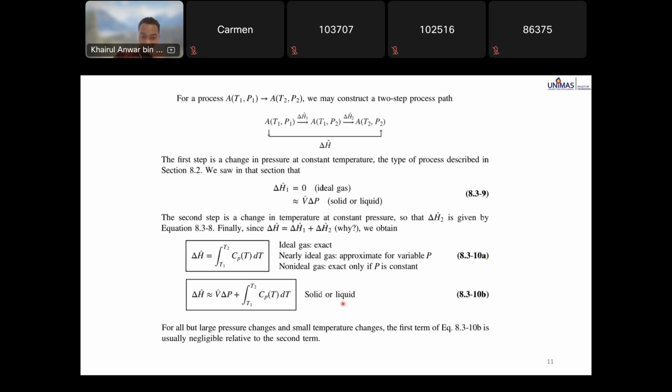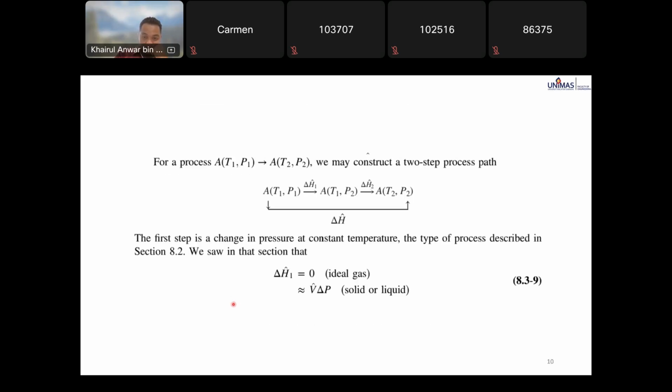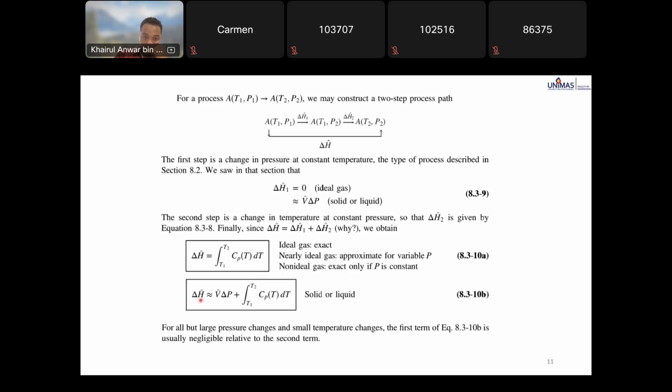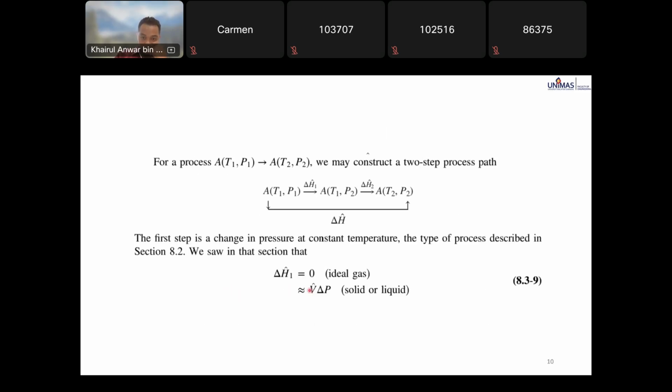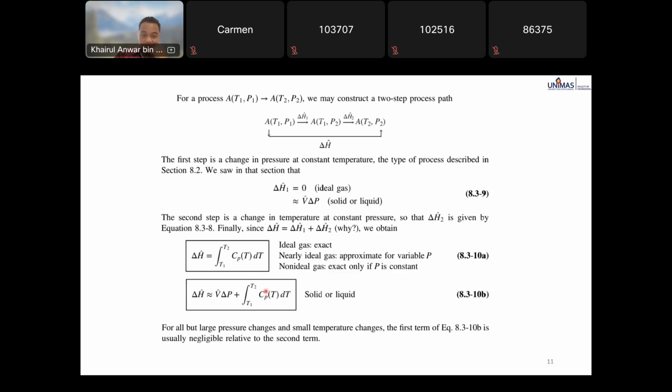Then for solid or liquid, you have the first expression with this delta H1. You see delta H1 for ideal gas is 0, but for the solid or liquid it is a specific volume V multiplied with delta P plus this expression.